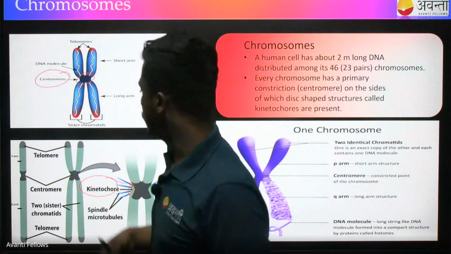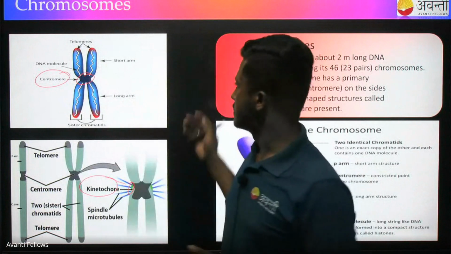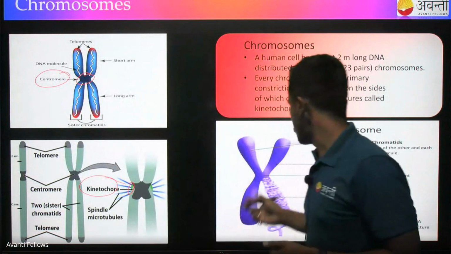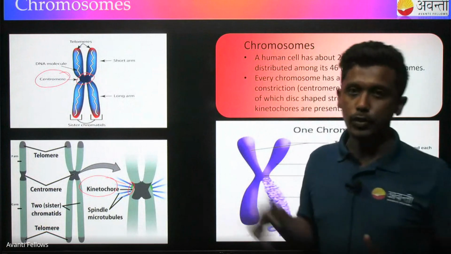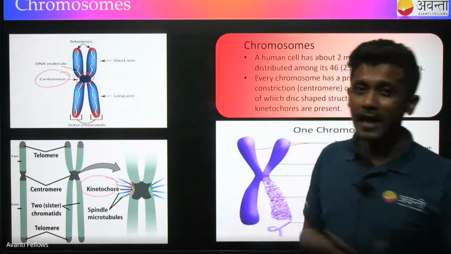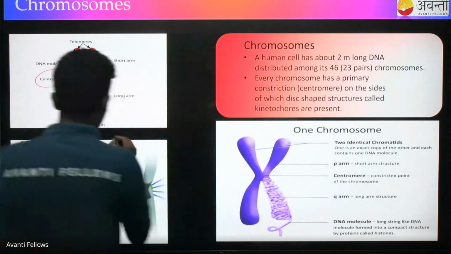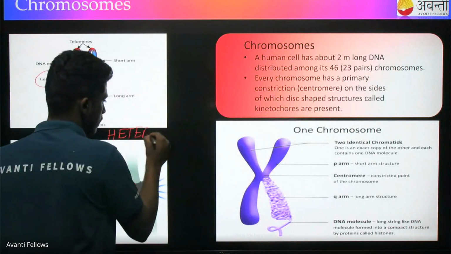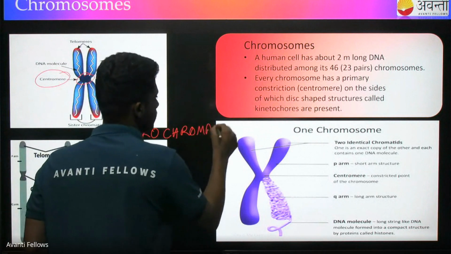Sometimes when you look at the X-ray of the chromosomes, you can see that some regions of the chromosome are very light and some regions are very dark. That is because of the way the DNA is packed within the chromosome. If it is very tightly packed, it is called heterochromatin.